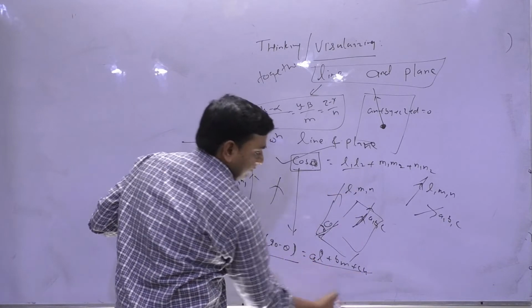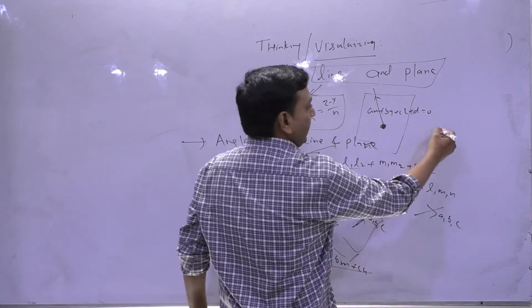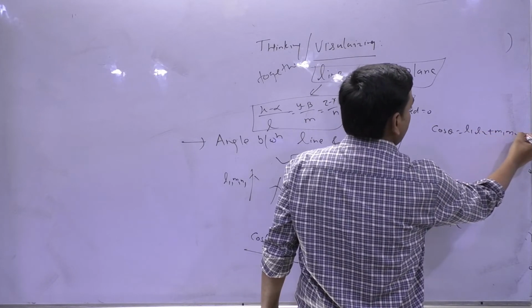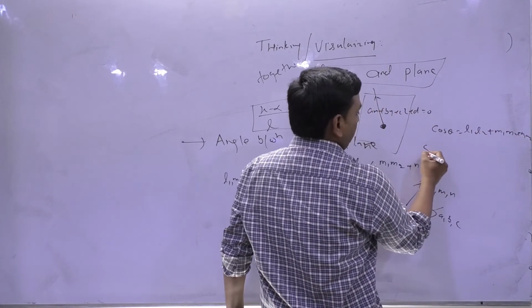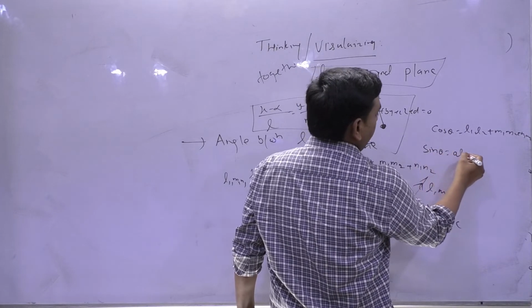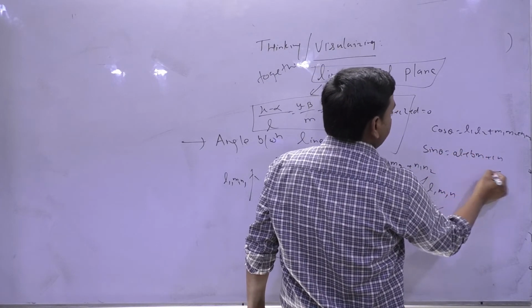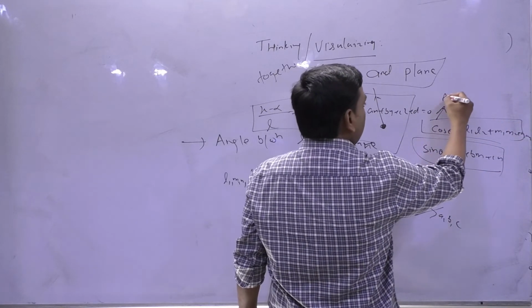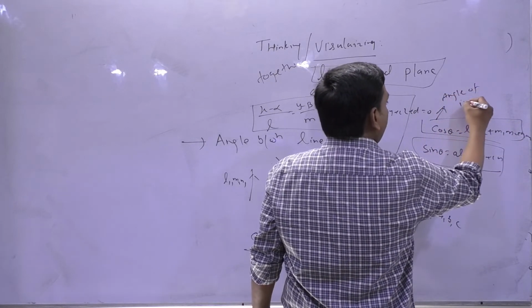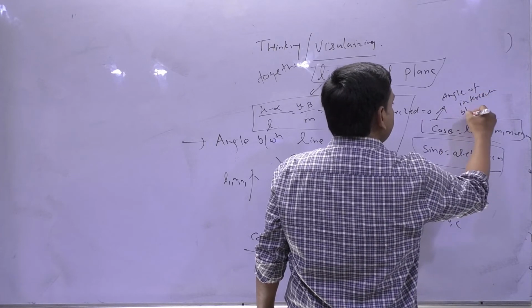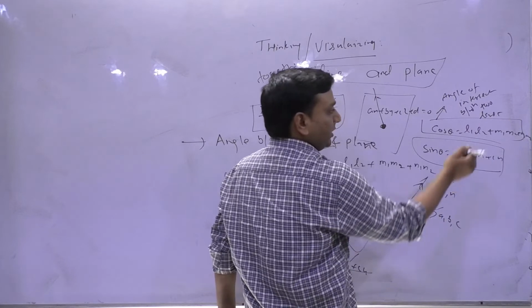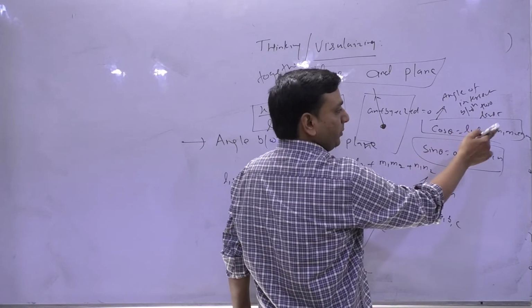So this formula. So you need to carry on two formulas, L1 L2 plus M1 M2 plus N1 N2. Other is sin theta, AL plus BM plus CN. This is angle of intersection between two lines, L1 M1 N1, L2 M2 N2.